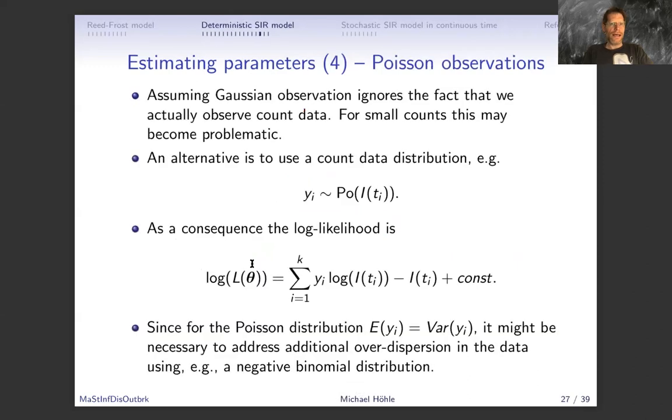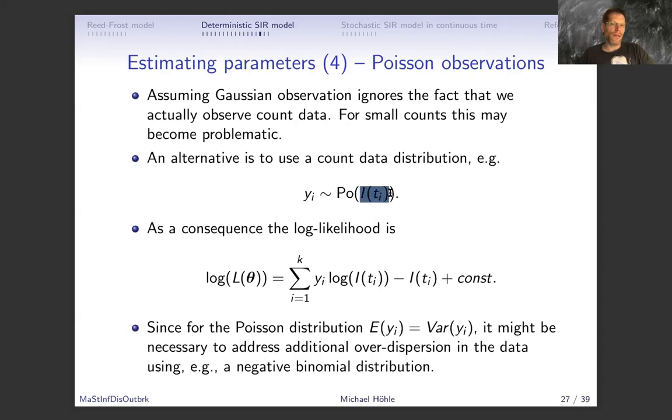Great. Again, assuming Gaussian observation is typically very often done, but it's worth remembering that it's actually counts that you're observing, and in the small count setting, maybe the Gaussian observation is not so adequate, because, for example, it even allows probability mass on negative values, which of course cannot happen here. So sometimes you use instead a Poisson distribution.